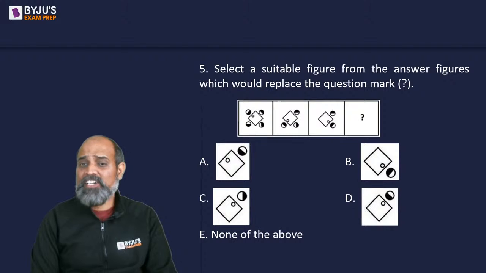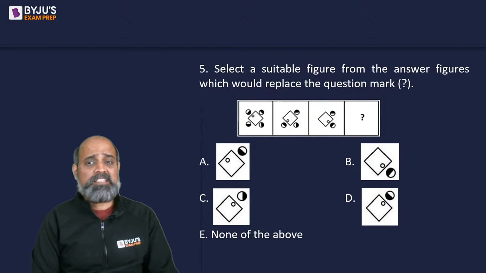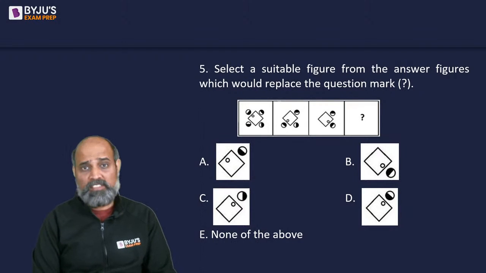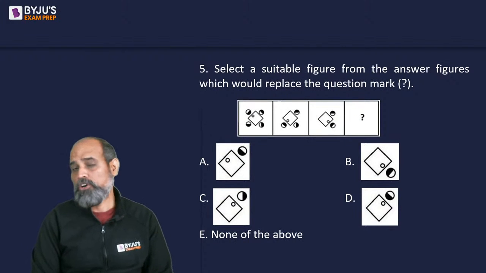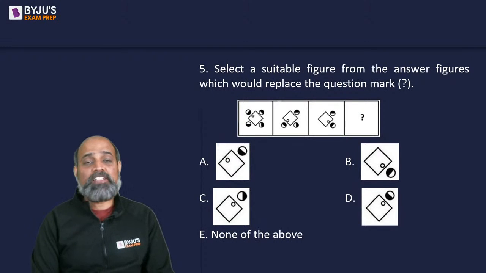For example, right now every figure here is made up of 3 shapes. One is the square or the rhombus at the center. Then we have circles around it, and then we have a small circle which looks like a pinhole or a dot inside the square. So if you look at the rhombus part, it's consistently rhombus, right?